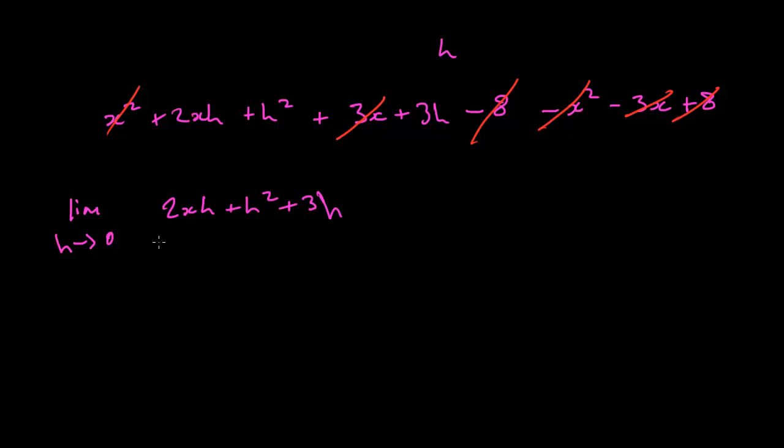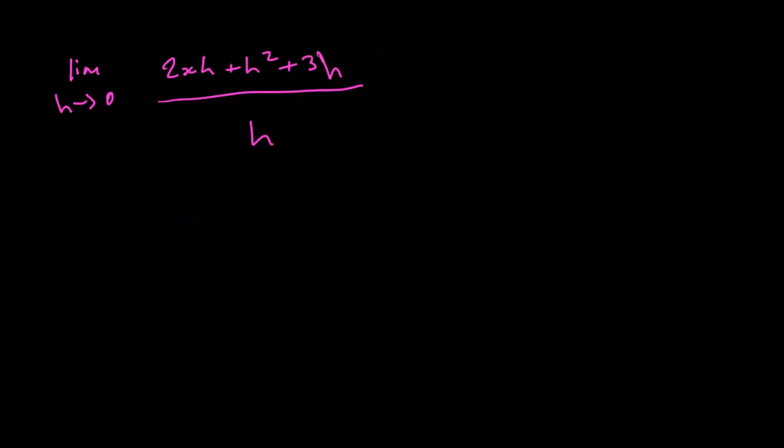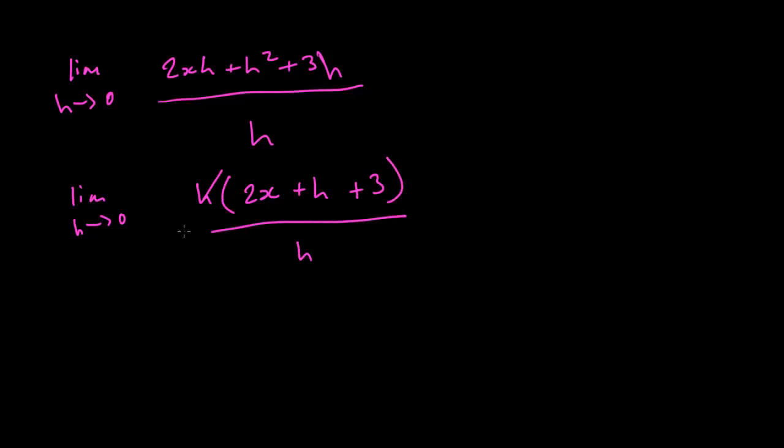Now that's it, over h. Out of this, it's obvious you can take the h out from the top. So we're basically just factorizing it. So limit h to 0, we have h times 2x plus h plus 3, over h. Cancel, cancel. And we're left with this.